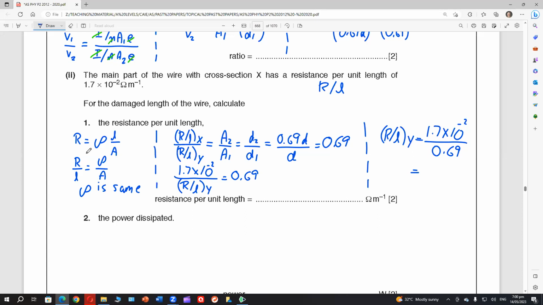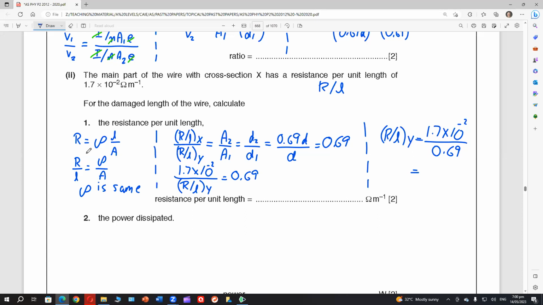We have R upon L. We'll need to put a value for L and then do it. So we can put the value of this and multiply it with the value to get the value of R.